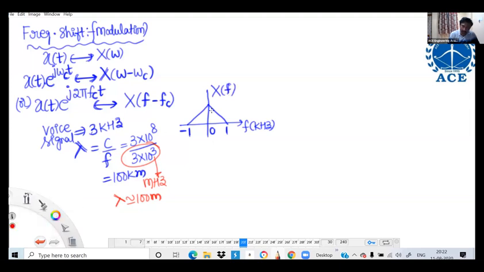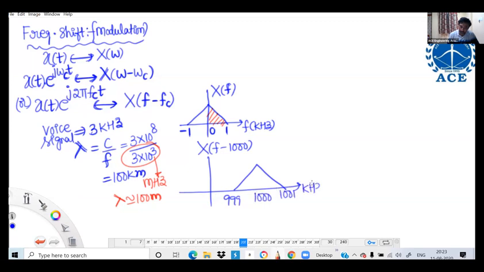The bandwidth of the spectrum is 1 kilohertz. If you say X of f minus 1000, the same triangle is retained at a different place. But what is the advantage you are getting? 1000 kilohertz means 1 megahertz.